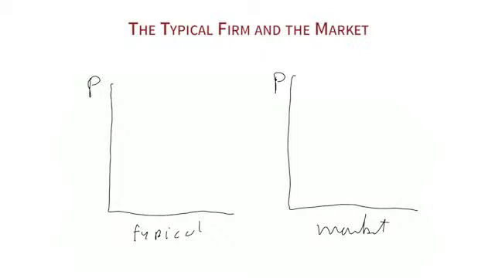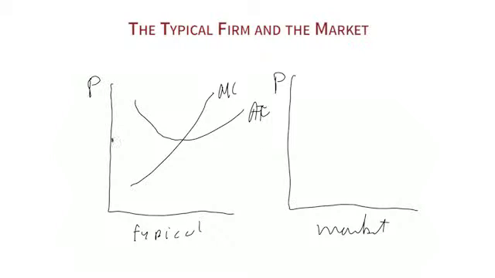Now, the typical firm in this market is going to have an average total cost curve and a marginal cost curve. So let's draw that. There's the marginal cost curve, and there's the average total cost curve going through the bottom point, as it should. And we know that this typical firm will produce where the price is equal to marginal cost. But we also want to set up the diagram so that there's zero profit for this firm to get started.